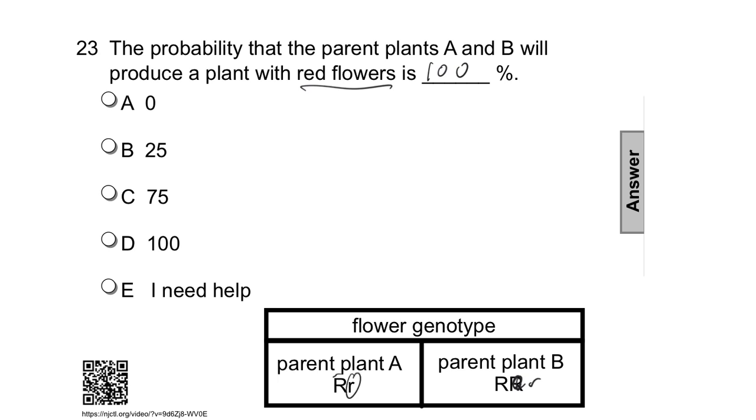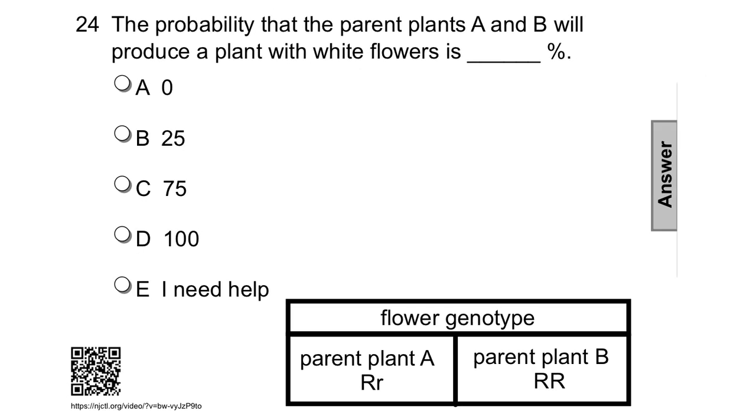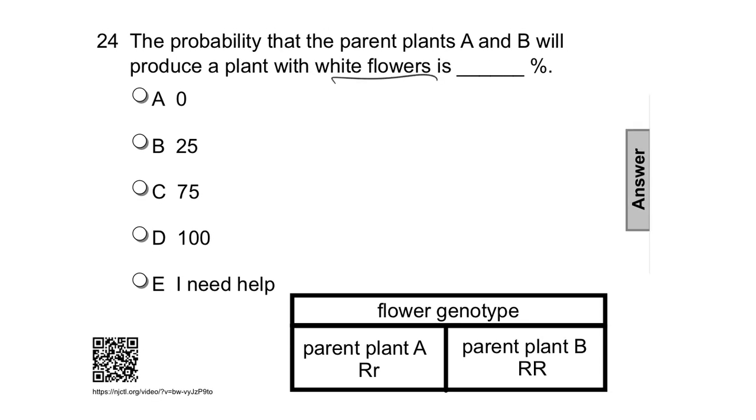You have to have both parents having a little r to be able to produce a white flower. So 100% red flowers. White flowers, I just told you, you'd have to have a little r here. So there's 0%. I did a cross in the previous problem.